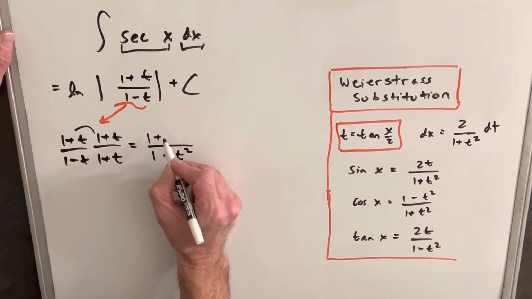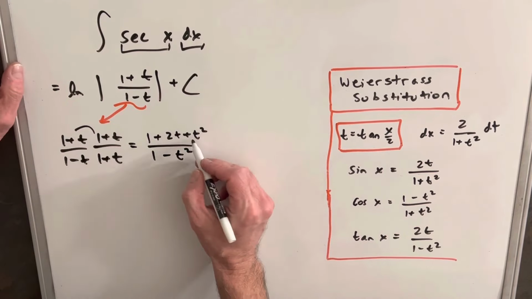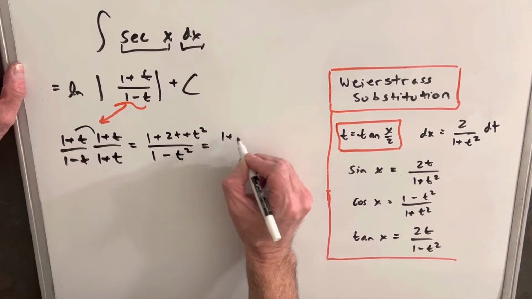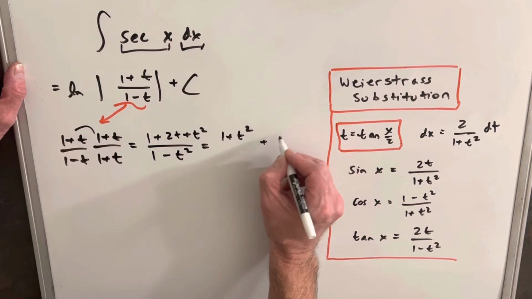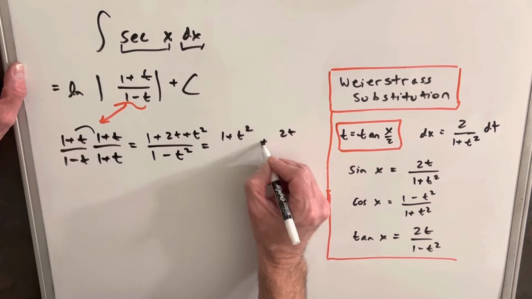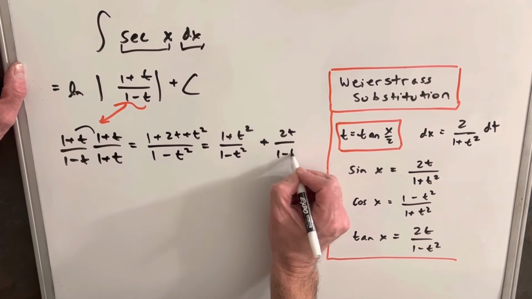We're going to have 1 plus 2t plus t squared. And then I can separate this and rearrange it, and we can write 1 plus t squared in the numerator, and then 2t, and then it's the same 1 minus t squared, 1 minus t squared.